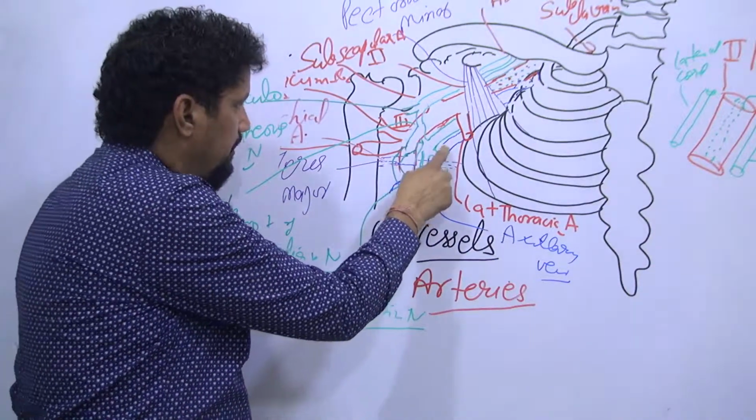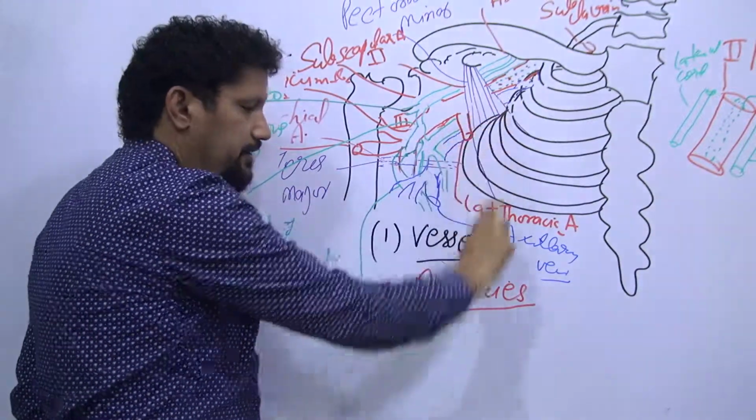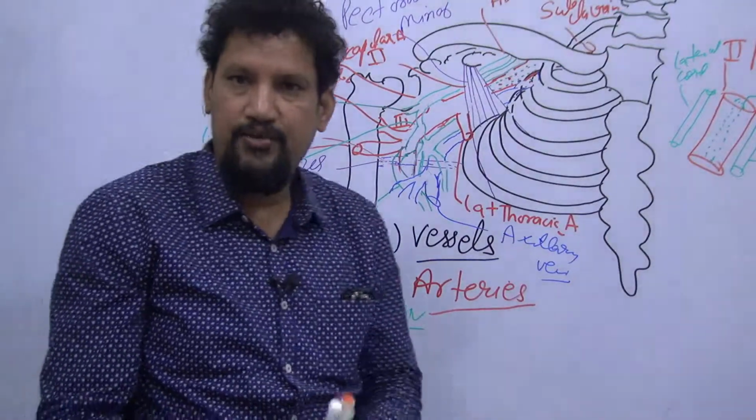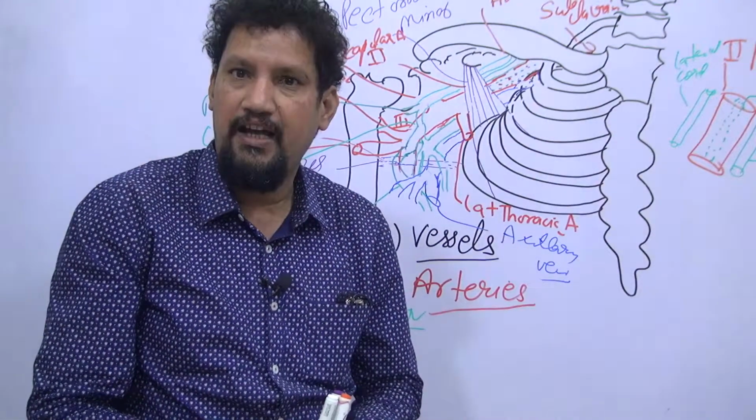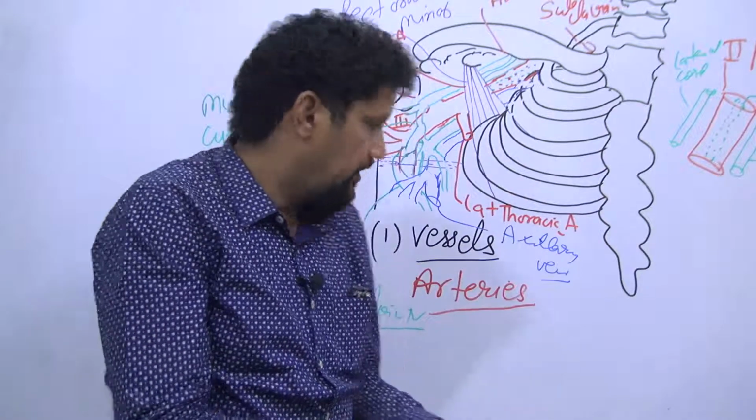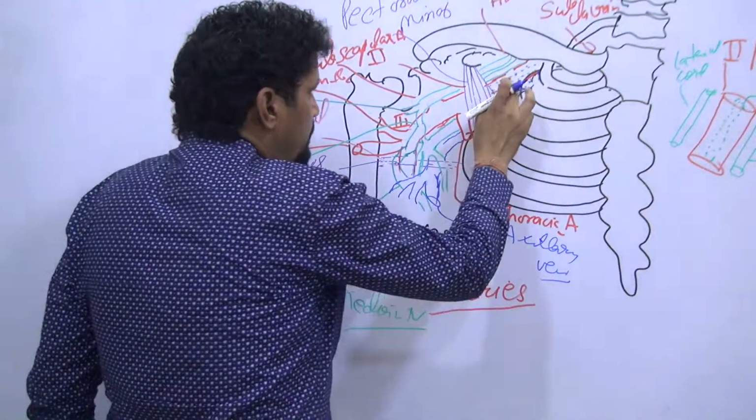Here this vein also receives the accompanying veins of the branches of the axillary artery.